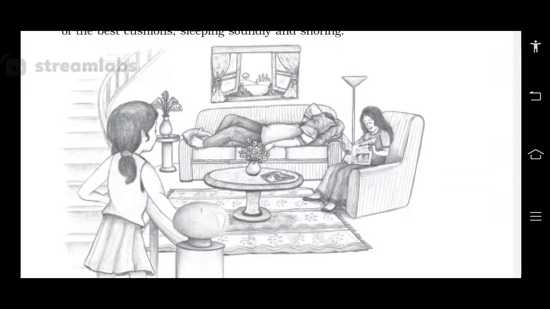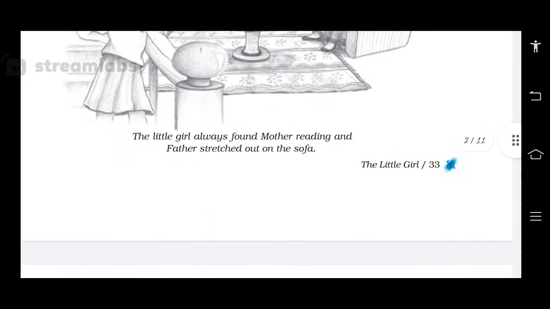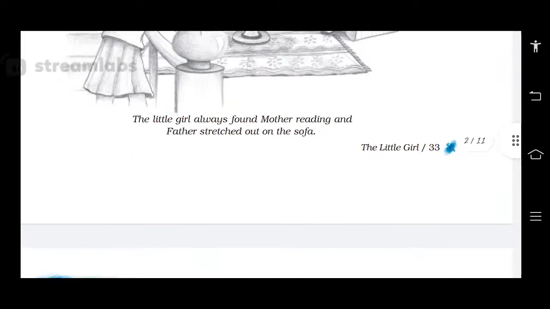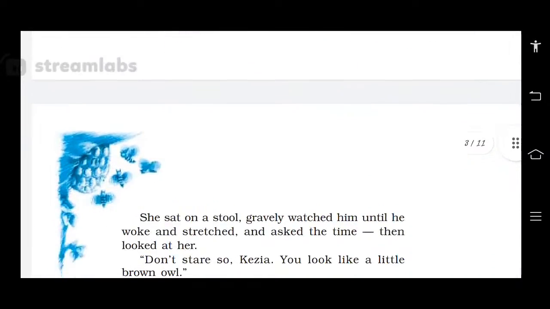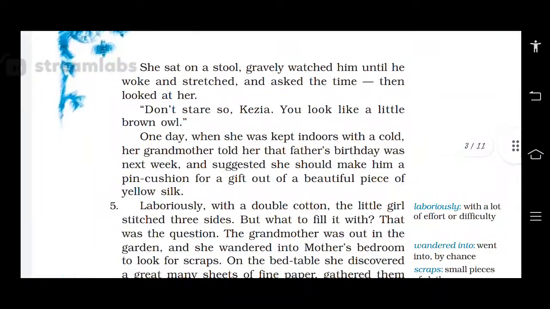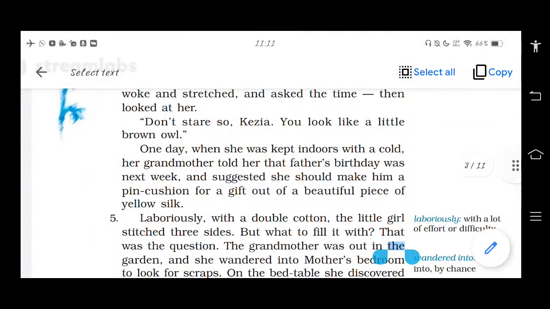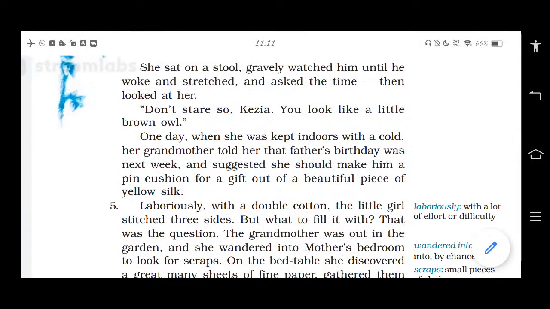So the same situation as the passage we read, the meaning of the whole paragraph, was demonstrated using this picture. Clear my word? So the little girl always found mother reading and father stretched out on the sofa. Up to here I think you did understand. Did you understand this? Right, let's go.